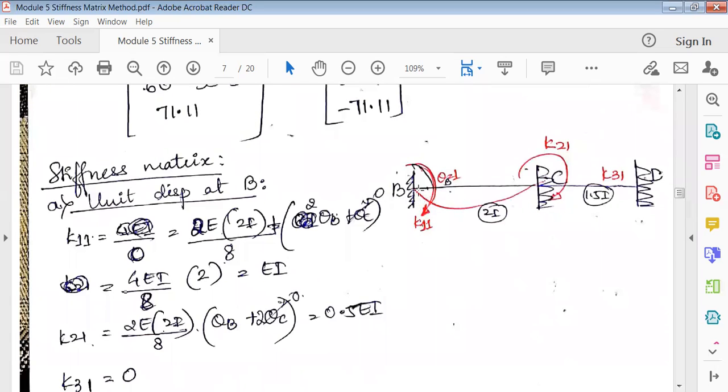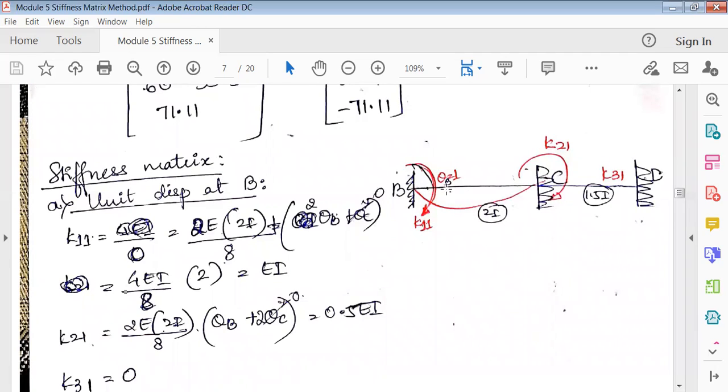Next thing is finding the factors, that is K11. It is bent here, so only from this beam, so it will be MBC. MBC is equal to 2EI by L. I is 2I, so it is 2E into 2I divided by L, that is 8, plus, again B is the starting point.